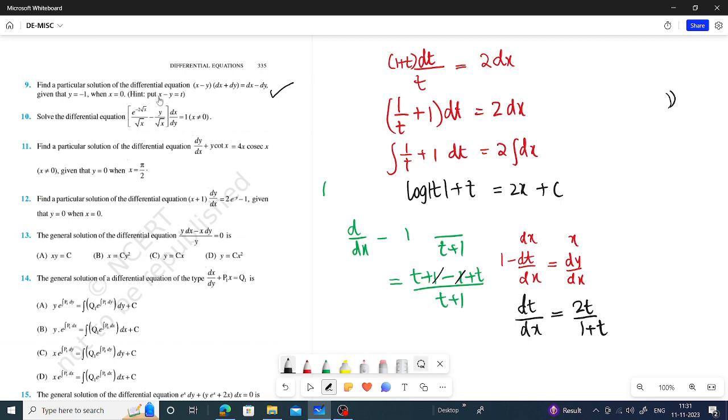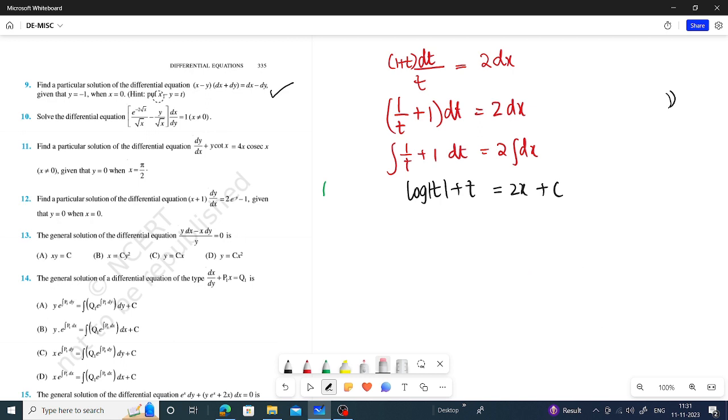So we resubstitute x minus y: the logarithm of x minus y plus x minus y equal to 2x plus c.